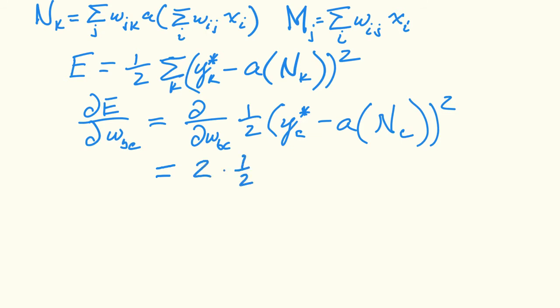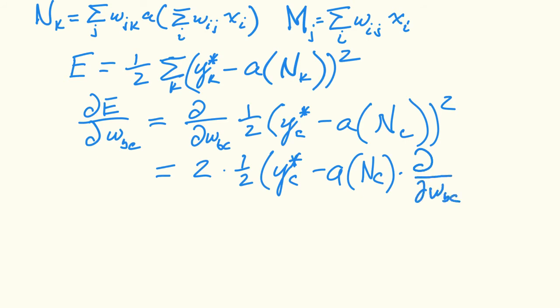Now suddenly maybe it becomes clear why this 1/2 was here, just to get rid of that 2, so that simplifies away, times y star c minus a of n sub c, times the derivative of the interior, which was y star c minus a of n sub c.